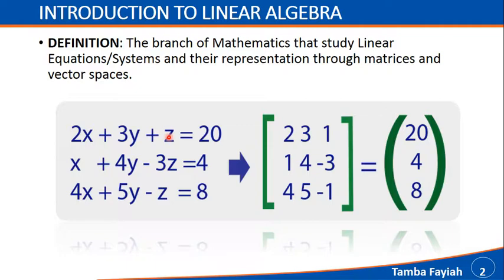So as we go on in this course, we'll be finding the values that can replace those particular x, y, z that will make them a solution for the system. That means those values that we can substitute in, like for the first equation, which value of x, y, and z we can substitute into this equation that will give us 20 equals to 20, and then when we substitute the same values in here for x, y and z, it will give us 4 equals to 4.